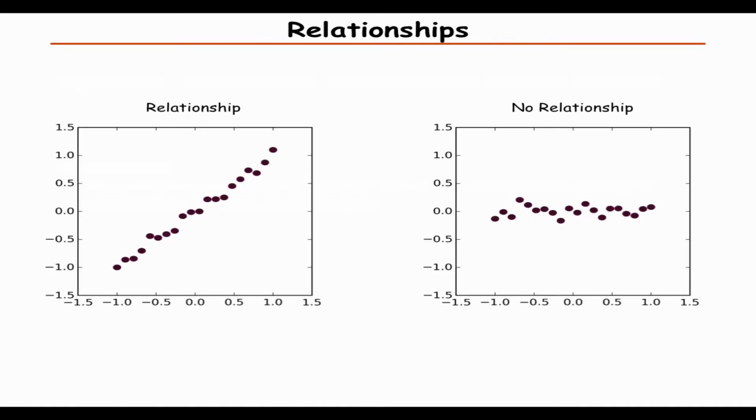So now we start looking at relationships between two variables. We have one variable that we plot on the x-axis and one on the y-axis. To the right we see that there is really no relationship between the x and the y. There is some variation in y, but over the whole range of x we don't see any specific pattern.